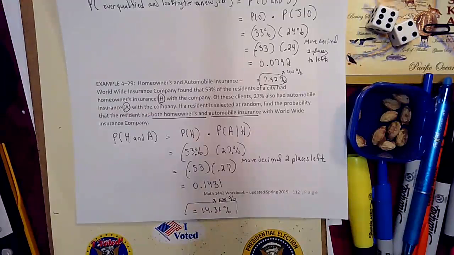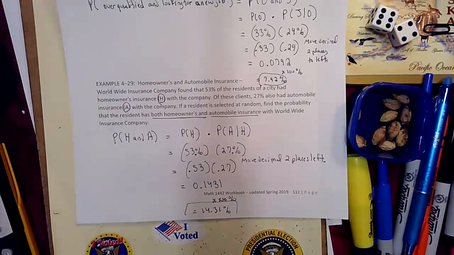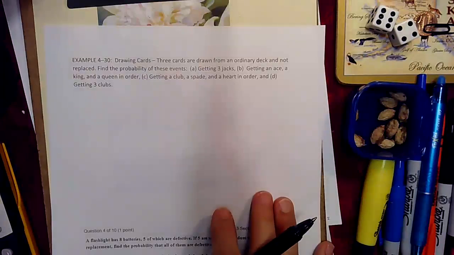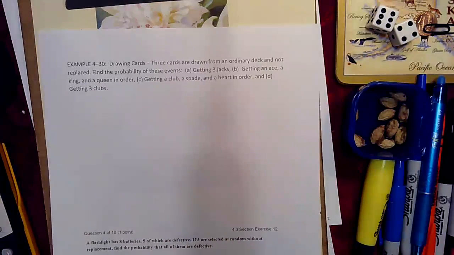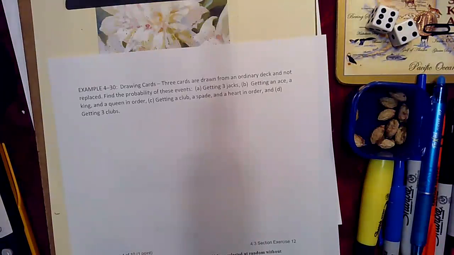Okay, now we're going to continue with the multiplication rule, but these are more like the problems that you're going to see on your homework. The idea here will be that because these events are dependent, when you set up your fractions and multiply them, you're going to be subtracting.